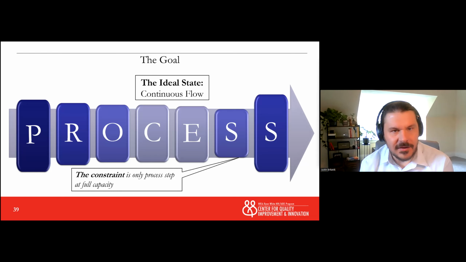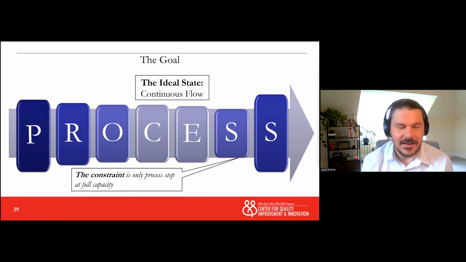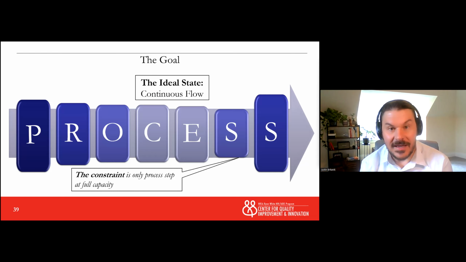So the ideal state, this is what the process would look like with continuous flow. And the thing to think about here is we're not going for speed all the time. The goal is not to do this as fast as we can. If we're doing it as fast as we can, if something goes wrong, and we know things always happen, those unplanned things that pop up and we can't really do a lot about them, if everyone is going full speed all the time, we're not going to be able to handle those things.